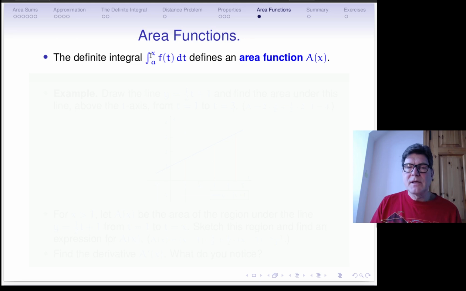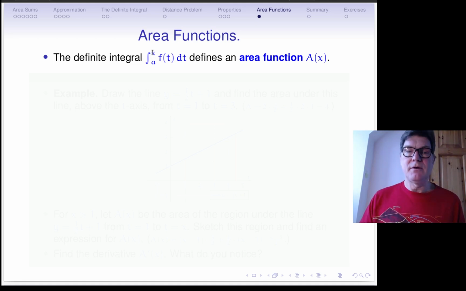With a variable x, this defines a function that depends on x. If we regard this as an area measurement, with variable upper bound x, it defines an area function A as a function of the variable x, which is the upper bound of this integral.